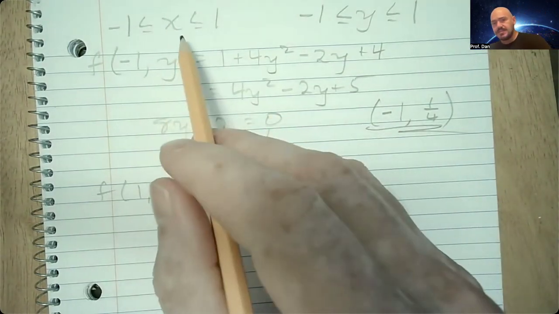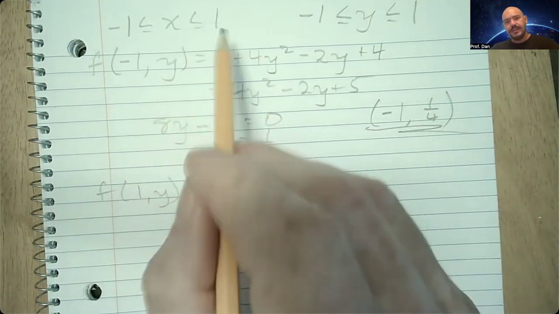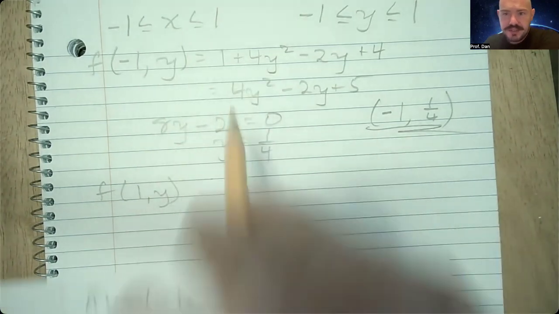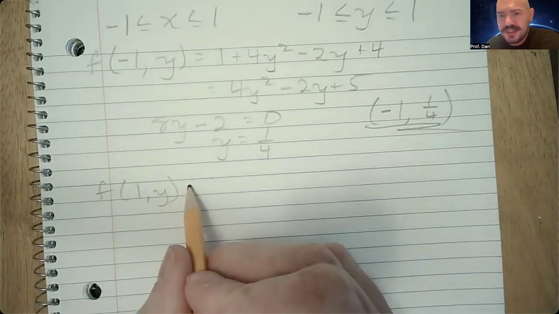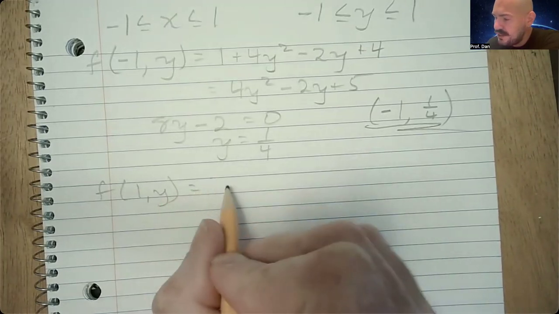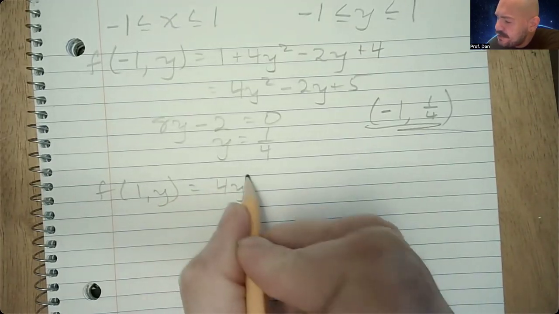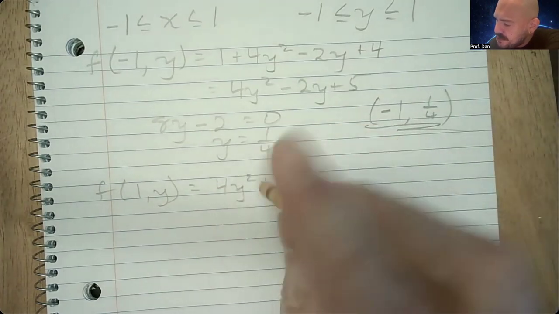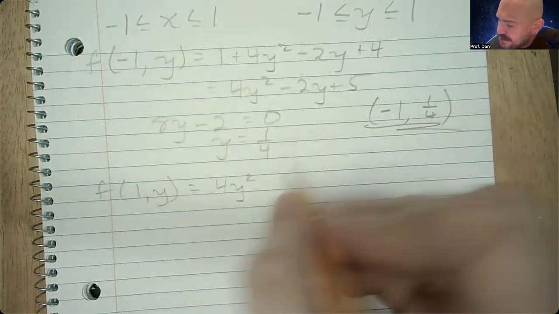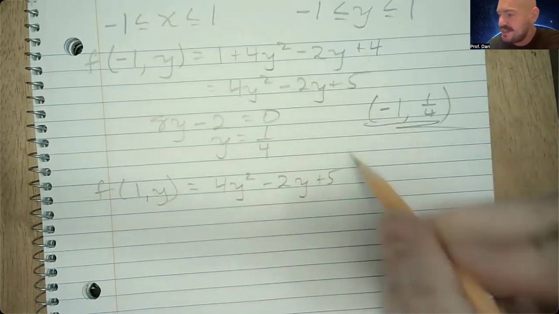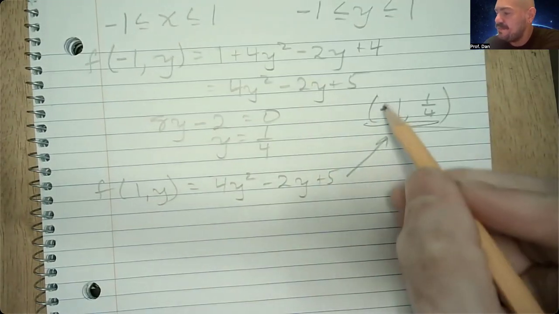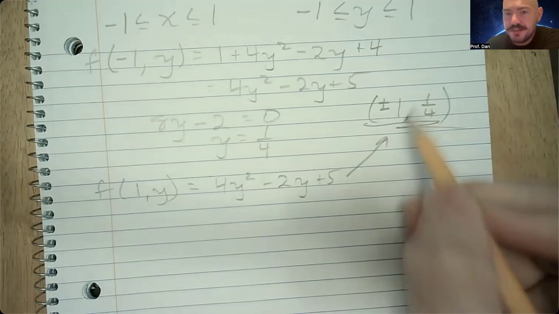That's keeping the x constant at its other boundary value. But because all the x's in the original are squared, this is going to result in the exact same thing, right? 4y squared minus 2y plus 5. And if I do the same analysis, I'm going to end up with the same point, except with a positive one for the x.